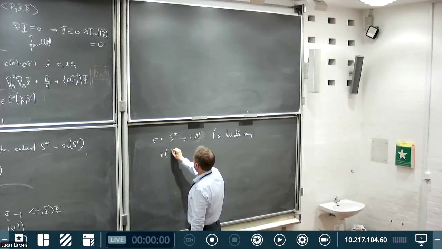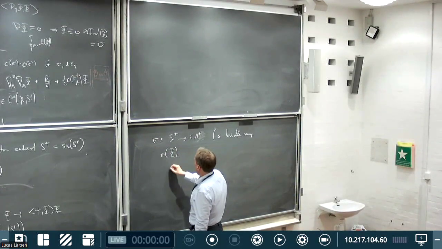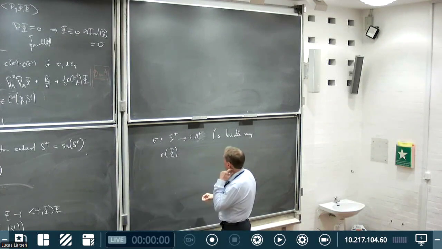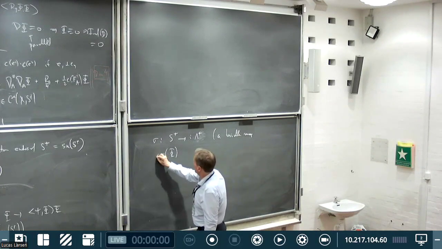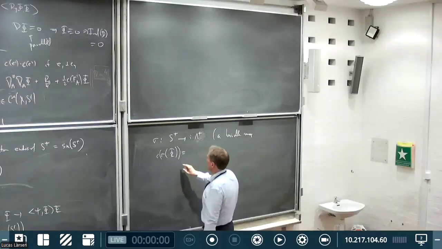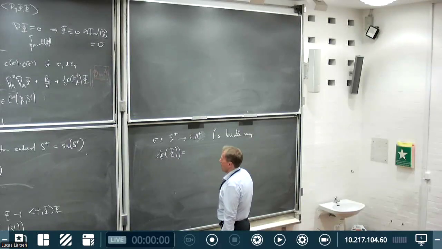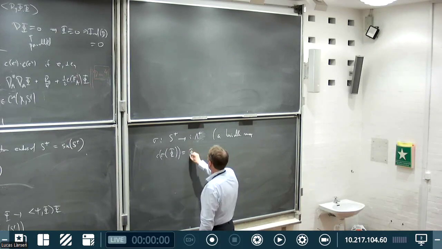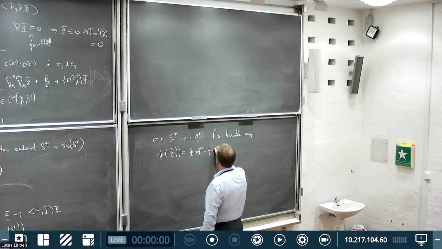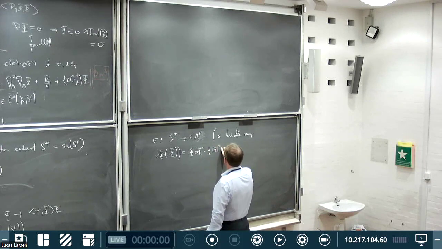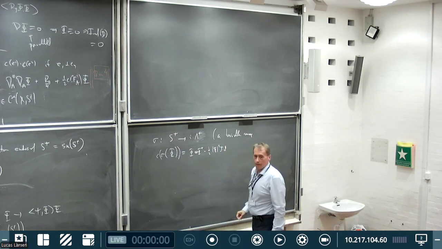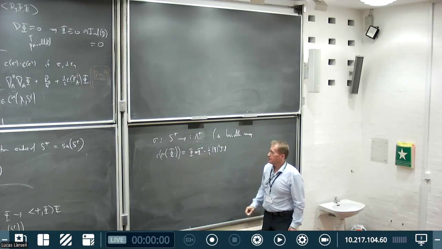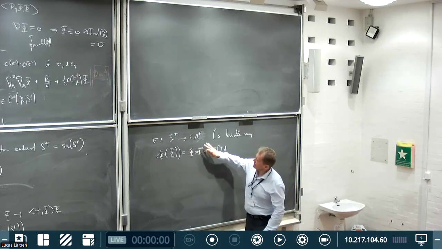Sigma of phi is characterized by the property that C of sigma phi is this guy. Okay? So that's the kind of algebraic way to write it.